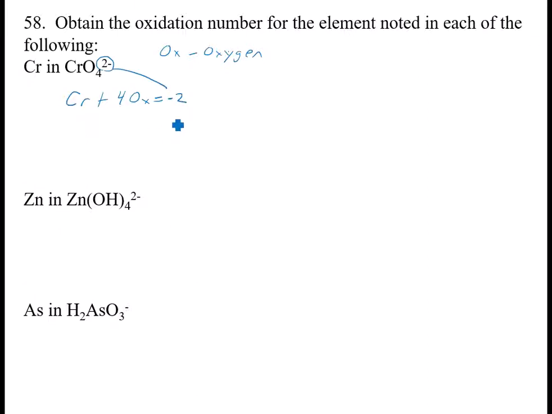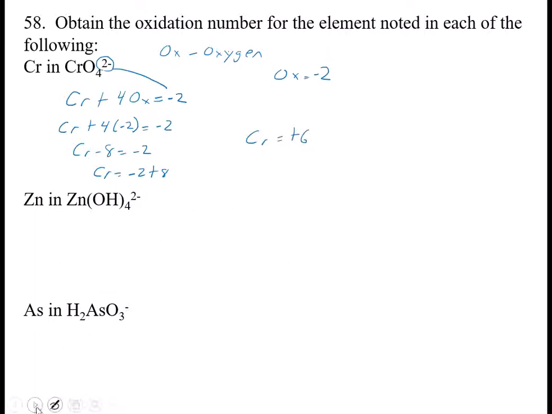OX is equal to a -2 because it's the only kind I'm going to give you. So I have Cr plus 4 times the -2 is equal to a -2. So Cr minus 8 is equal to -2. So Cr is equal to a -2 plus 8. So Cr then is equal to a plus 6.